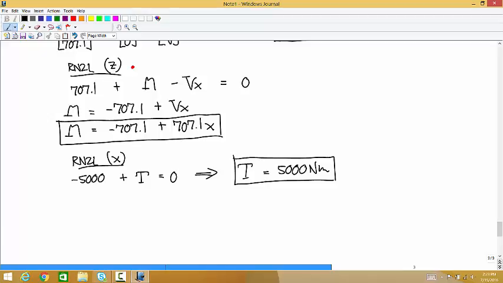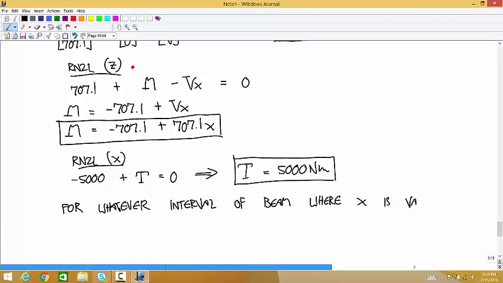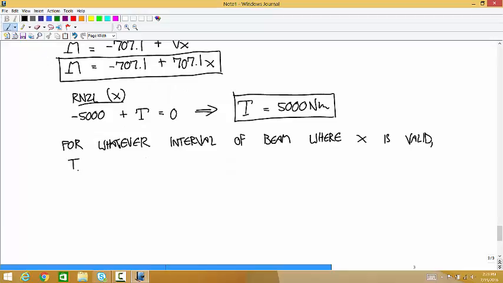Okay, so what we get is that for whatever interval of the beam where x is valid, wherever this treatment is valid, we'll think about that next, T, V, and the internal torque are constant.